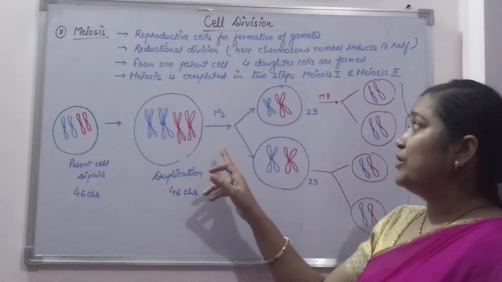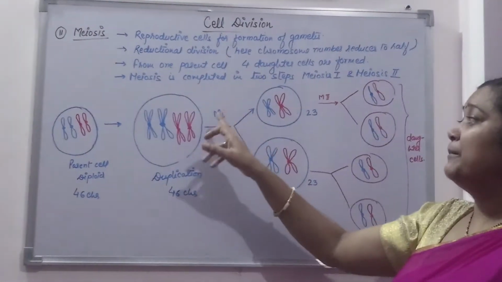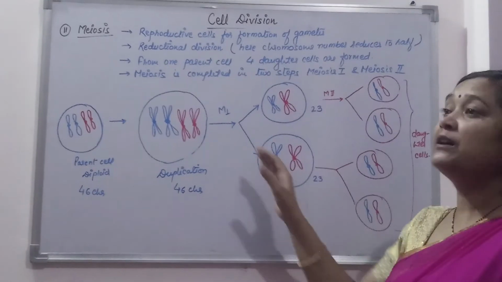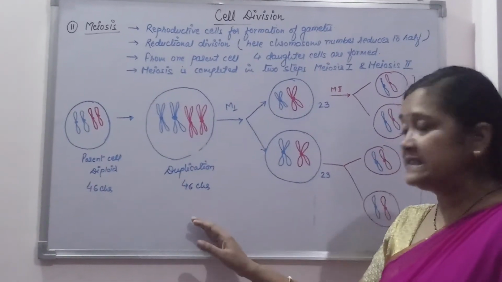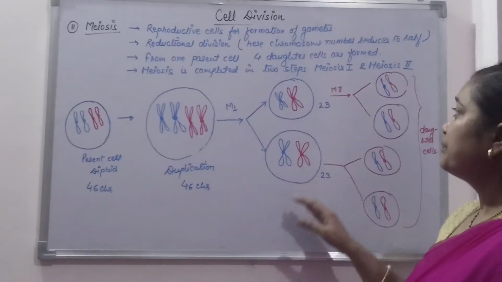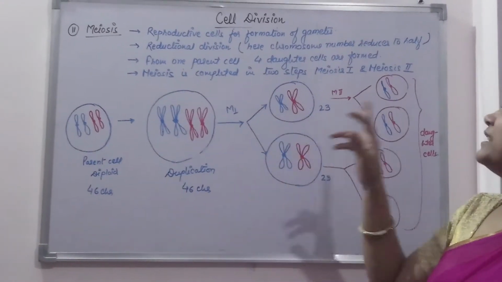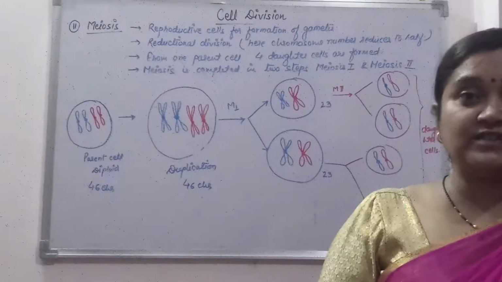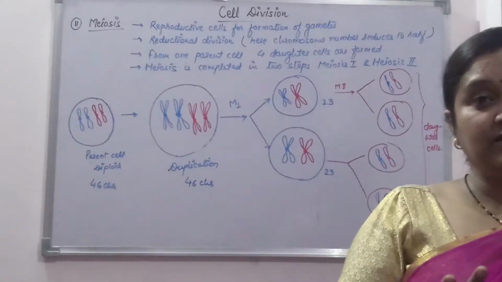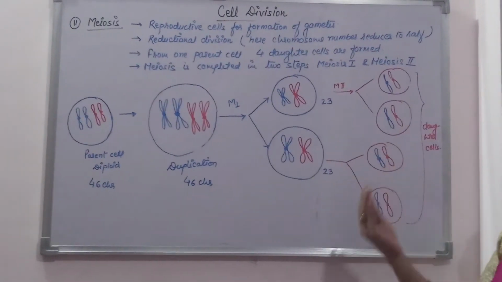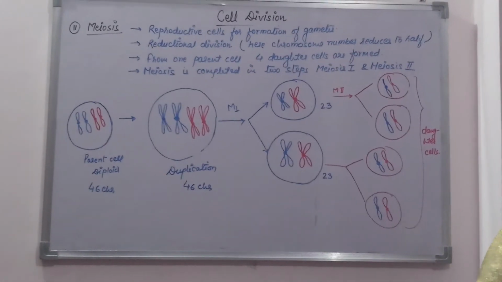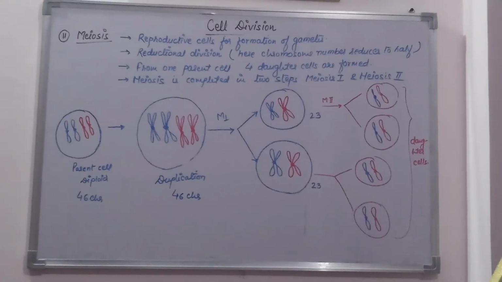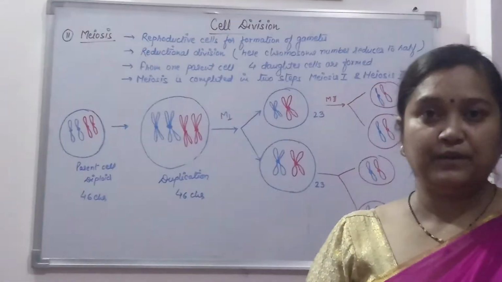But in case of meiosis, the chromosome number reduces to half from the parent cell. Meiosis produces 4 daughter cells, whereas mitosis produces 2 daughter cells. And meiosis is completed in 2 steps, whereas mitosis is completed in 1 single step.